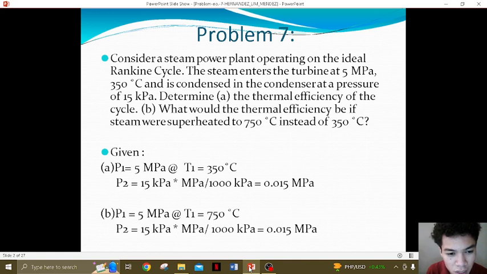For part B, P1 is 5 megapascal and temperature 1, instead of 350 degrees Celsius, is 750 degrees Celsius. For P2, we have 15 kilopascal, converted to megapascal over 1000 kilopascal, which gives 0.015 megapascal.